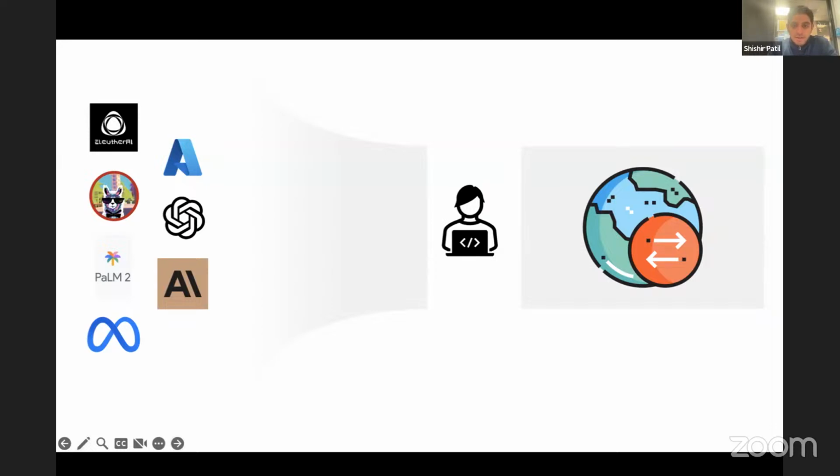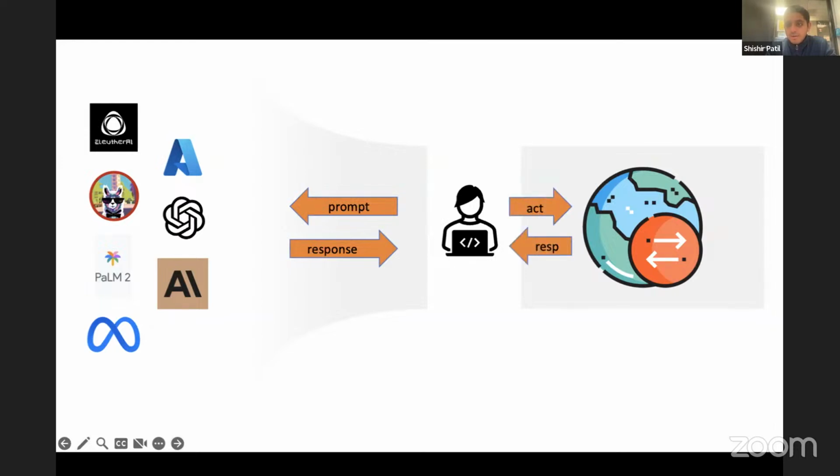You get a response from the LLM, and then it's up to you to decide what you want to do with this. I've shown this as a single shot interaction here, but this could be multi-turn, multiple shot. There's a whole cottage industry of tools that help you do this, including LlamaIndex, LangChain, and so forth. But fundamentally, you take the response and then you perform an action on the world to get some feedback from the world.